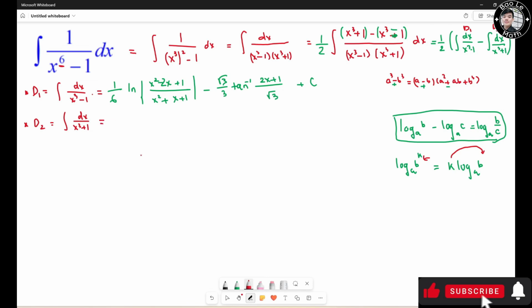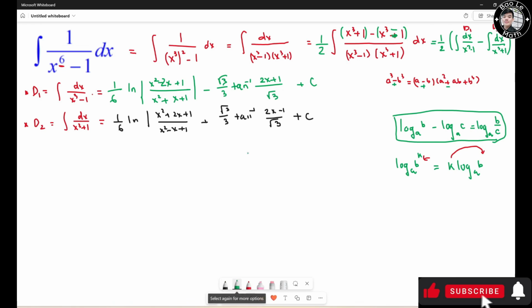It's going to be 1 over 6 natural log of absolute value of s squared plus 2s plus 1 over s squared minus s plus 1, plus root 3 over 3 tangent inverse of 2s minus 1 over root 3, plus c.